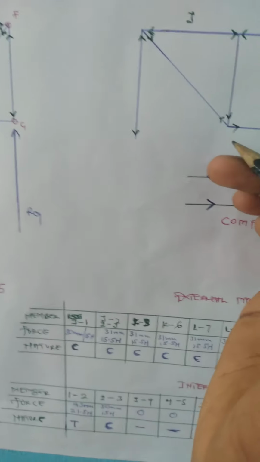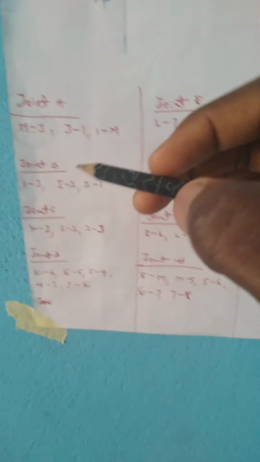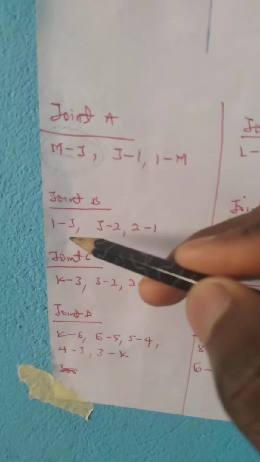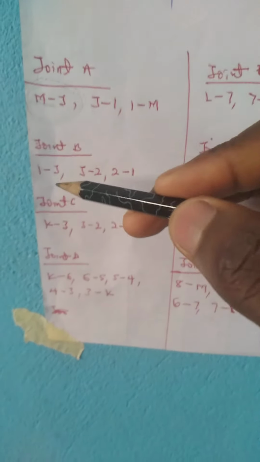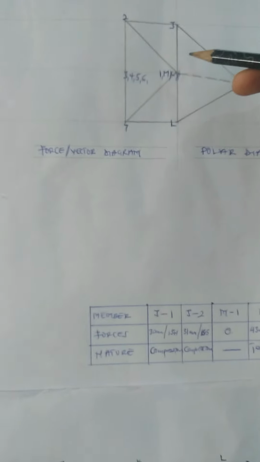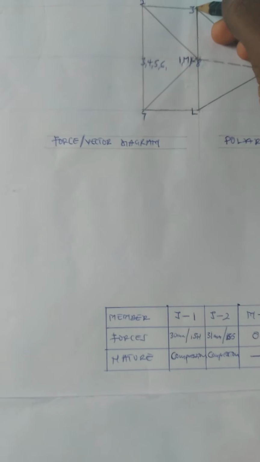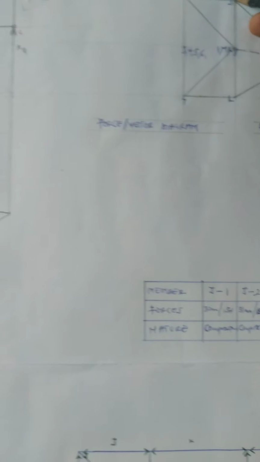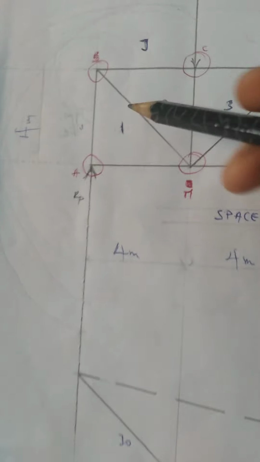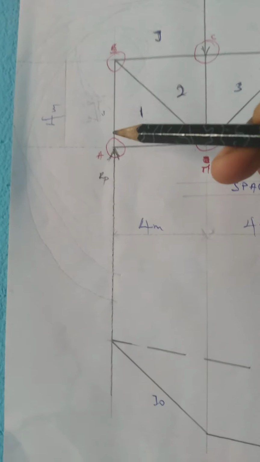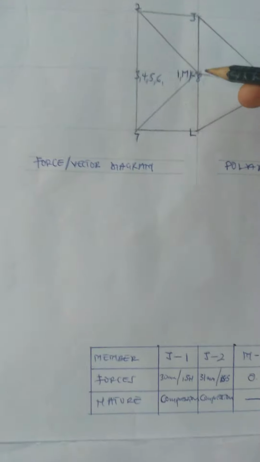Now when you come to joint B, we have 1J, J2, and 2-1. We start with 1J. With 1J, we move back to the force or vector diagram. This is 1, and this is J. At joint B, 1J is referring to this member. What happens to 1J?